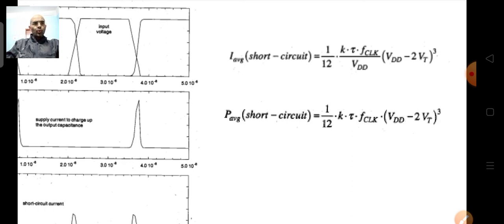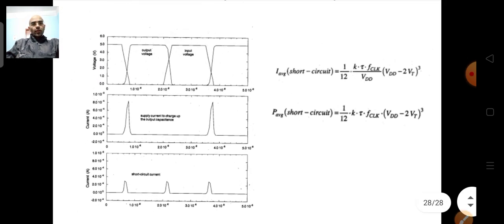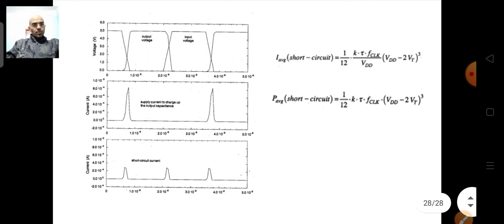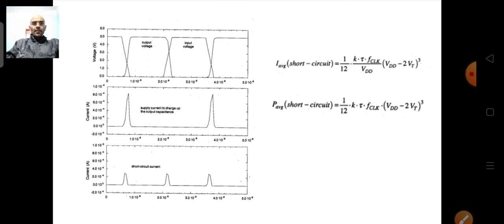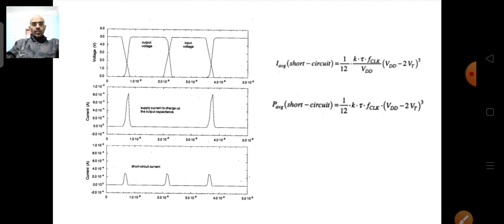Although you don't have to go into the derivation of this, because it is a little lengthy and difficult to understand, you should know the basic method of how to calculate it.